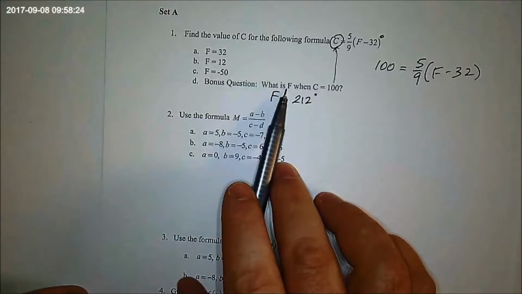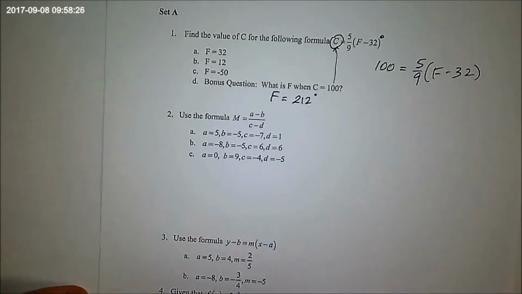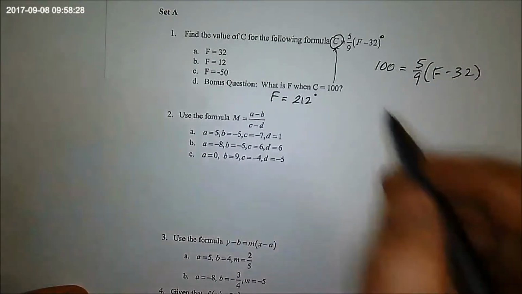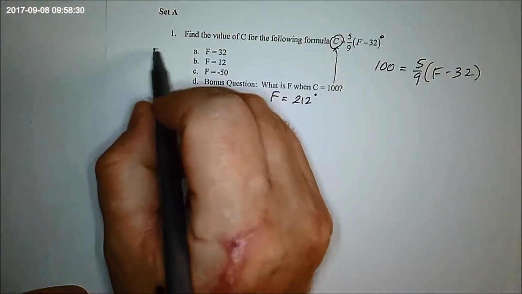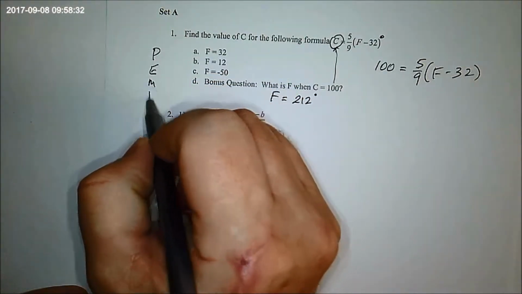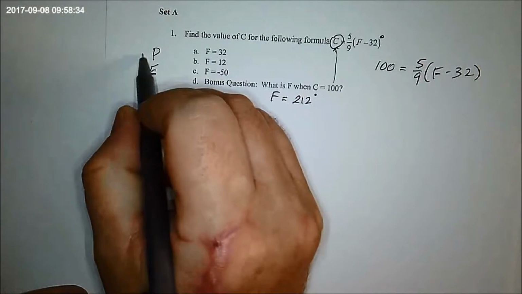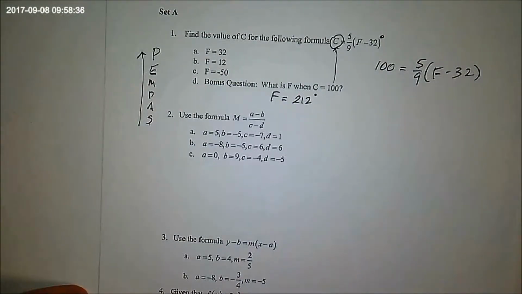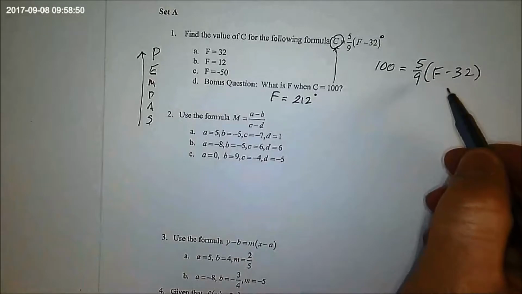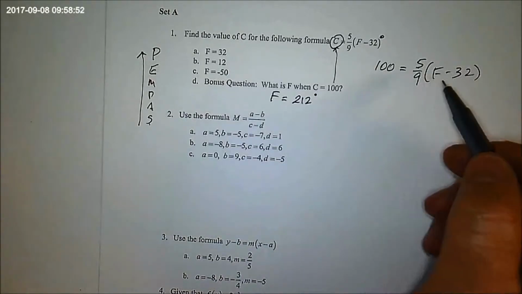Okay. So to solve it, you have to use inverse operations. Normally, when you're doing math, you do PEMDAS. But inverse operations, you do them backwards. So we could distribute this 5/9, or we could multiply both sides by the reciprocal. It's really dividing. This is 5/9 times that, so to get rid of the 5/9, we could divide.